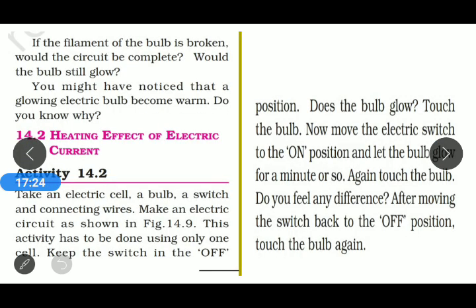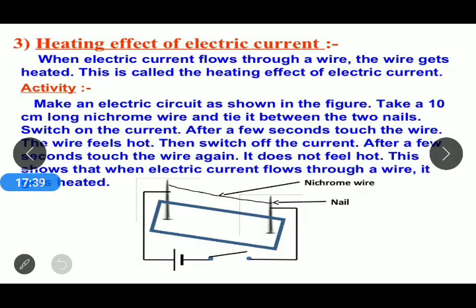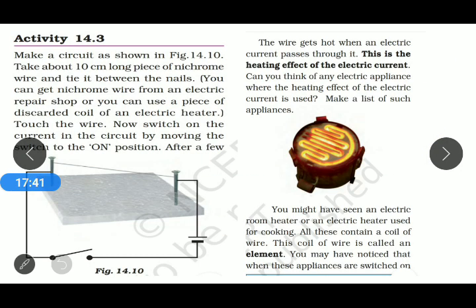Because when the electrical current flows through the electrical bulb, it gets heated. That is the basic thing by which we can understand that when electrical current flows through the circuit or the bulb, it gets heated.